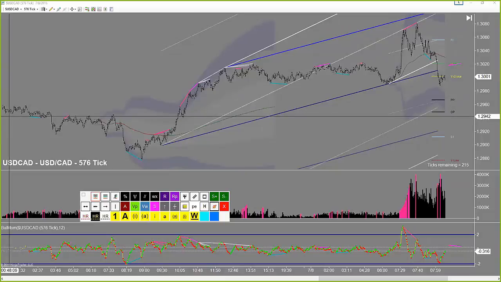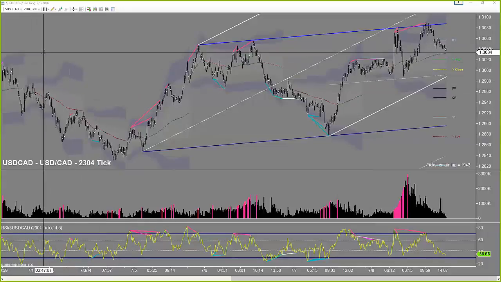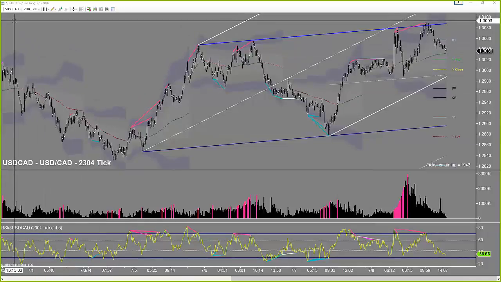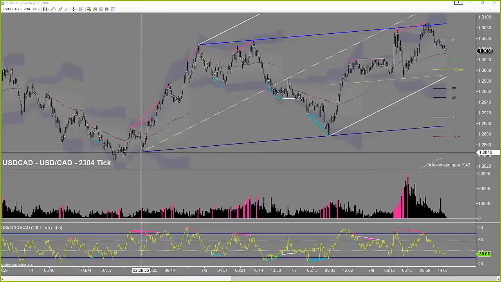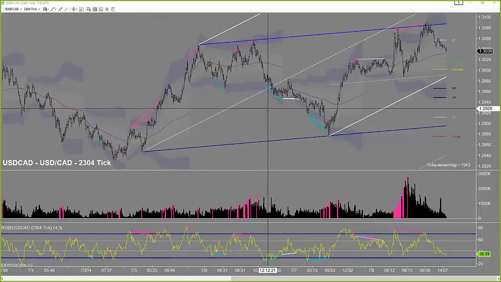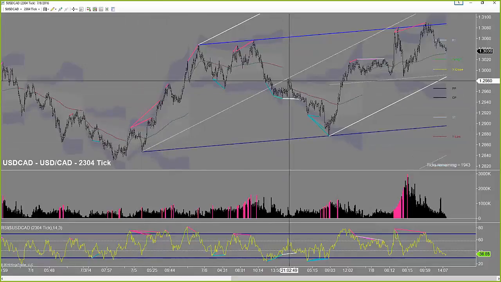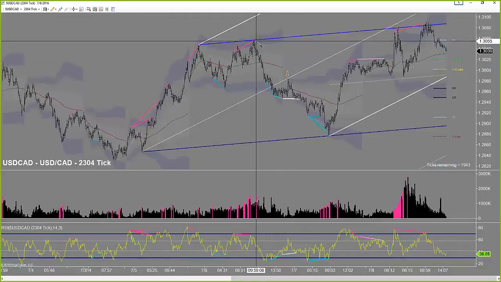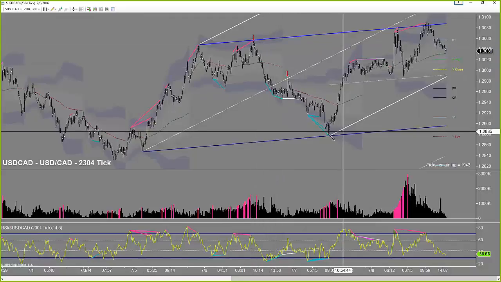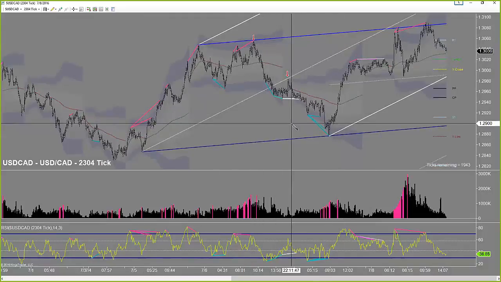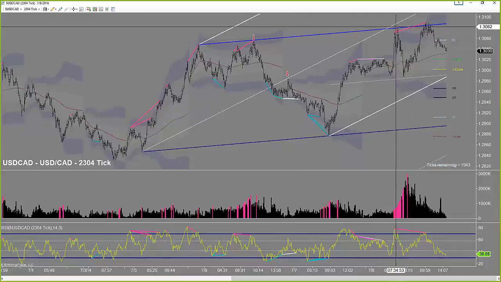And then on the slower tick chart, which is 4 times the size of that 576, it's a 2304 for the USD Canadian. I'm using the larger set of swings, and again, I'm using the higher low here, and you can kind of verify that because we have a hit of the median line here, and we have a hit of the auto line here to the left of the end point, and you can see we come right up to that channel line perfectly right here.